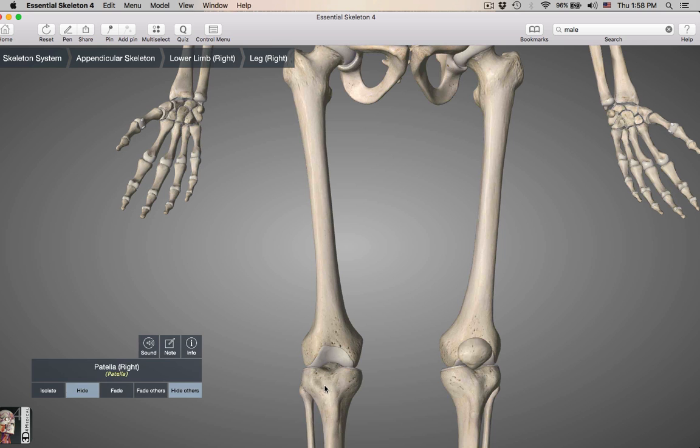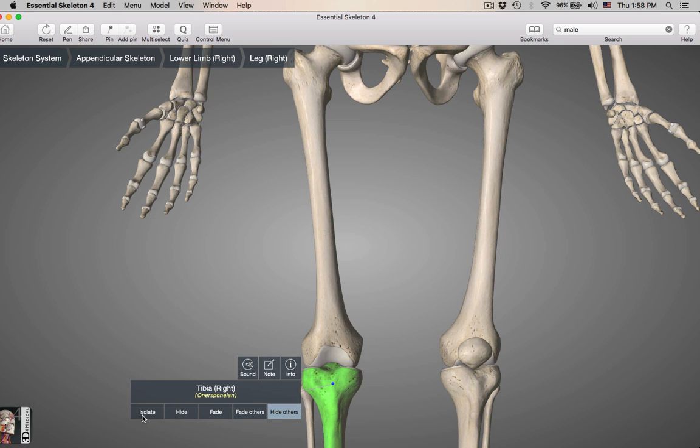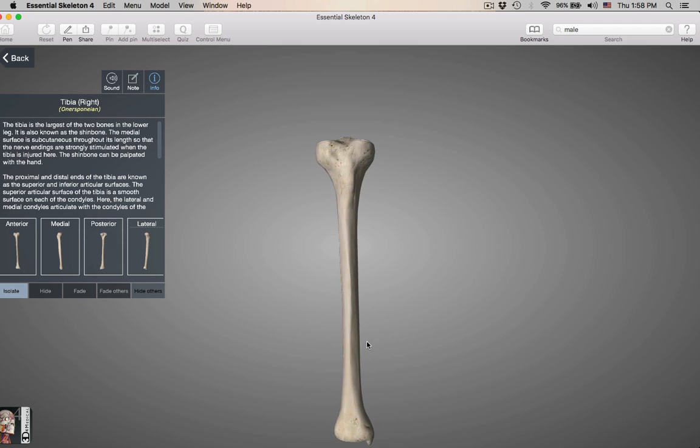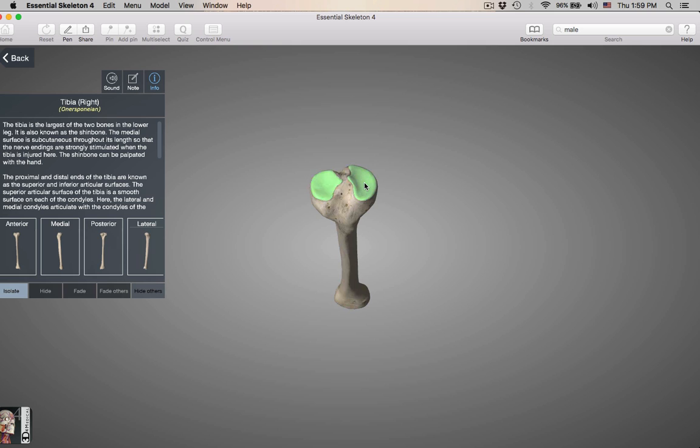So let's isolate out our tibia again. This is the medial side. Remember, you've got your medial malleolus down here. It's always going to be the medial aspect. Medial malleolus, medial condyle, lateral condyle.